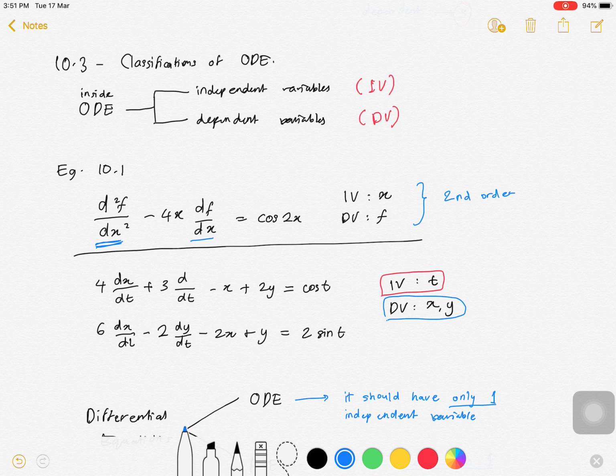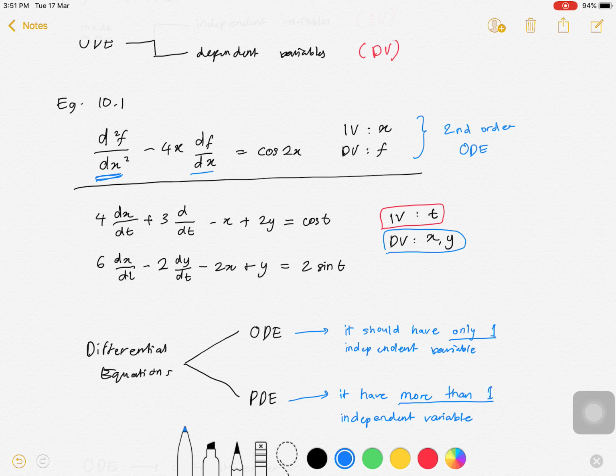So we say that it is a second order ODE. And for the second and the third equations, we say that the order is the first order. Why? Because again we look at the derivative. The highest order is only the first derivative. So we say the ODE is first order.